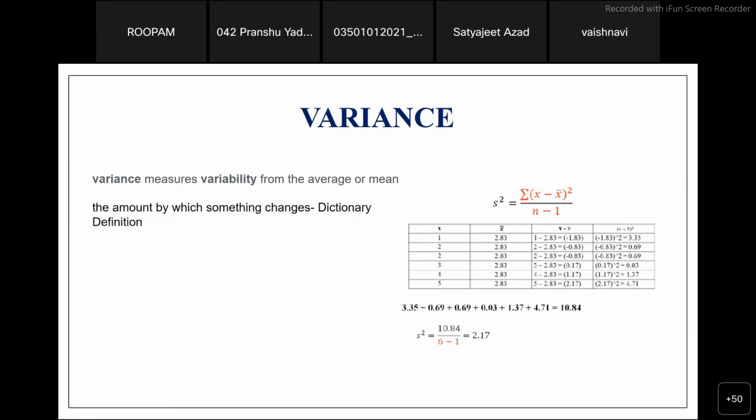Variance means the variability from the average mean. Let's say the mean marks of your batch is 70, and someone has scored 50, and someone has scored 80, 90, maybe 100 as well. So how your marks are spread, the measure of spread from the mean value, is variance.